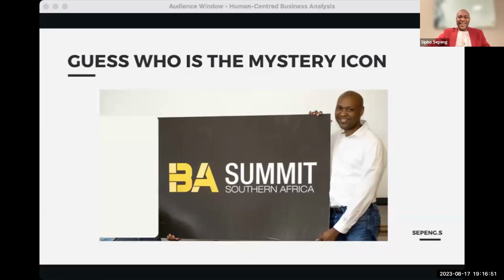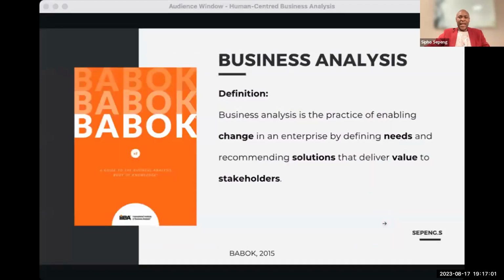And so let's define some of the terms in business analysis before the great reveal later on. Going into business analysis, the BABOK version 3 defines it as a practice of enabling change in an enterprise by defining needs and recommending solutions that deliver value to stakeholders.